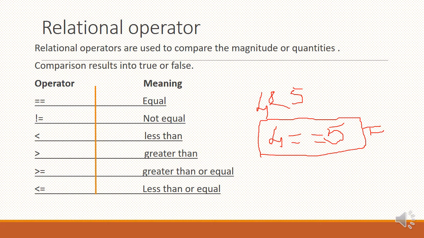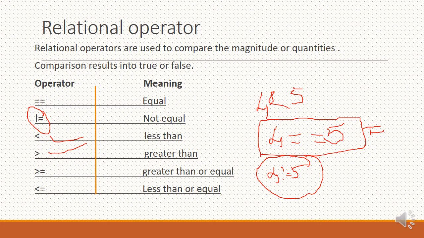Okay. Similarly, here there is the not symbol and equal to. This is used for not equal to. I want to check that 4 is not equal to 5. So 4 is not equal to 5. Then you are going to use this symbol. And this is what we commonly use, the less than and the greater than symbol. The same is there, nothing is changed in C also.